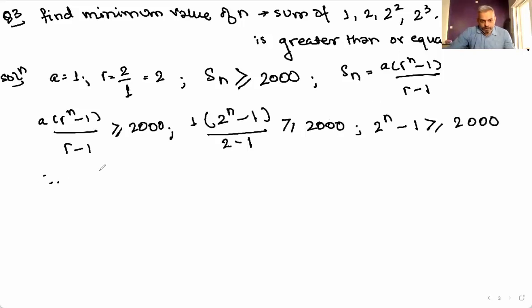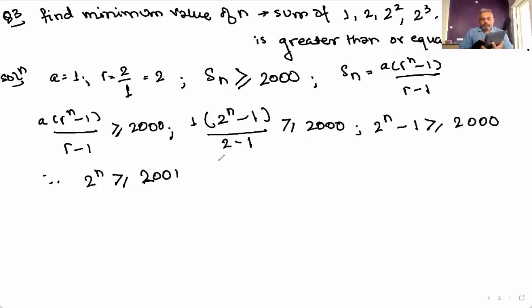Therefore 2 raised to n should be greater than or equal to 2000 plus 1, which is 2001. Now take a calculator. Now we need the minimum value of n after which 2 raised to n has to be greater than or equal to 2001. What will be its minimum value?